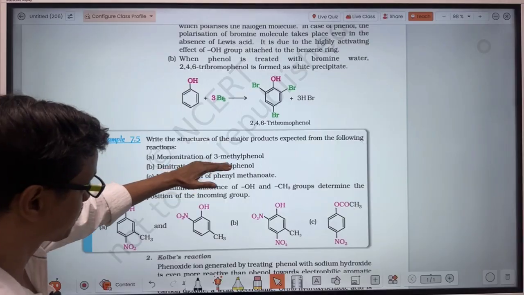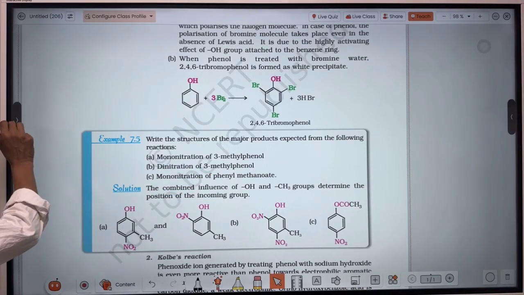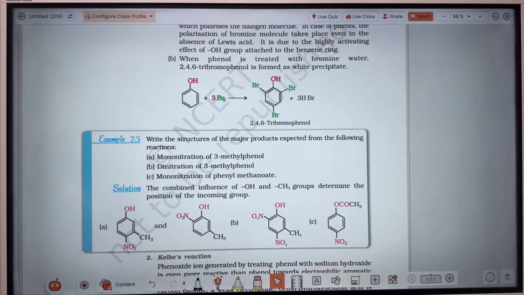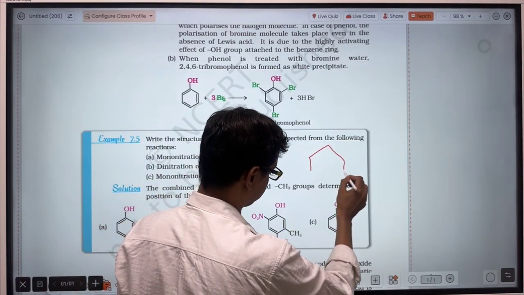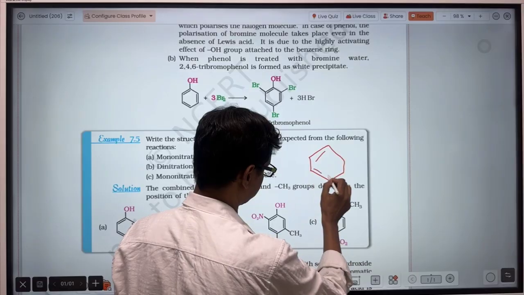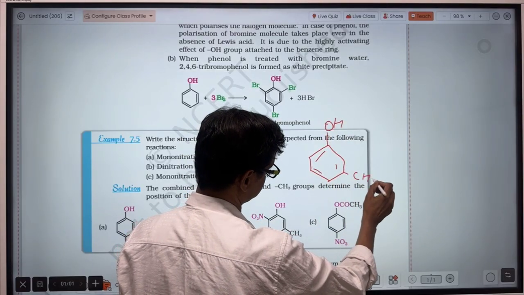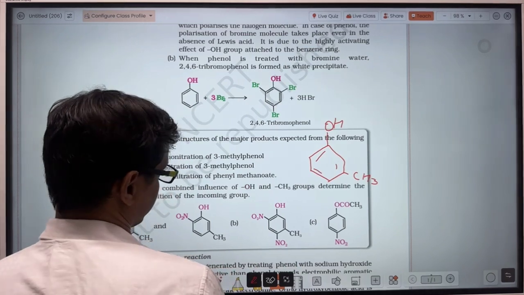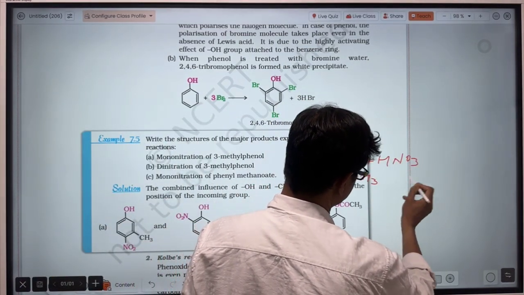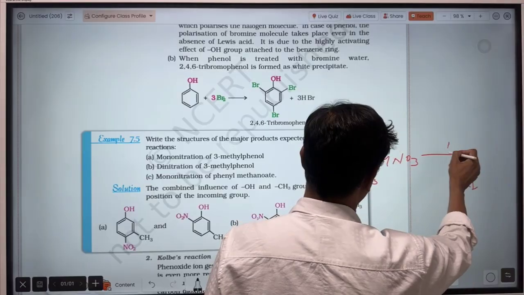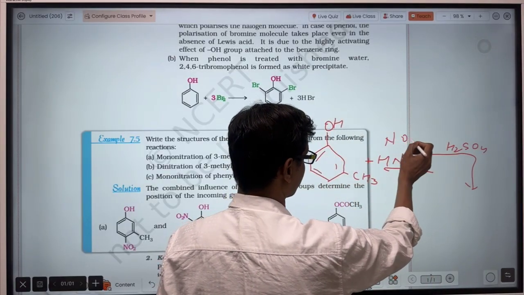In this question, you have to do mononitration of 3-methyl phenol. So firstly, draw the structure. 3-methyl phenol, so structure will be like that. Nitration means you have to react with HNO3 in presence of H2SO4. So which electrophile forms here?